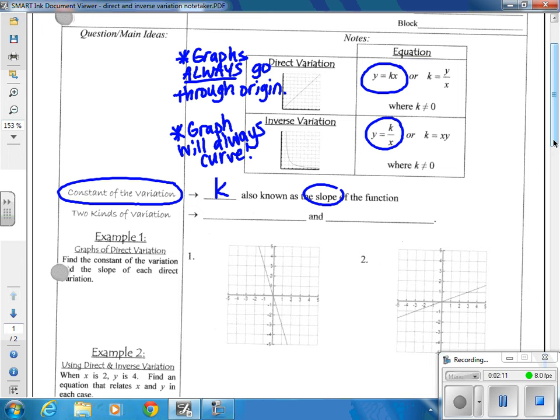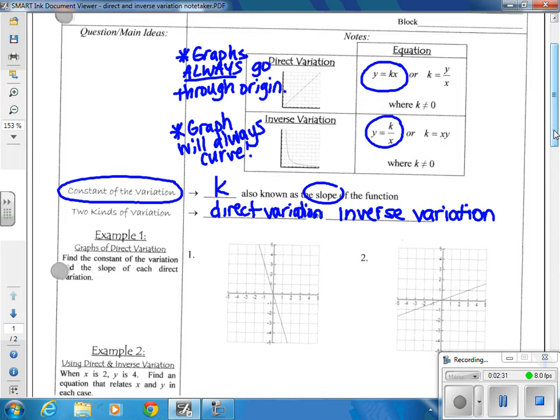Once again, there are two types of variation: direct variation and inverse variation. These are the two types you will have to work with and identify throughout this course.